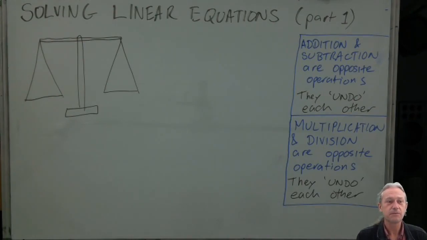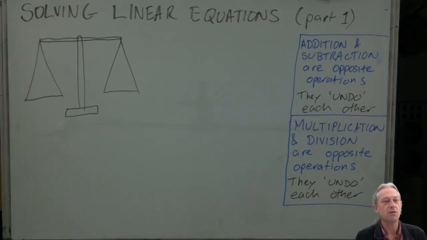I suppose the way to think about it is an equation is like a mathematical expression that has an equals in it, and the equals means that what's on both sides of that equals is the same. It's equal to each other.